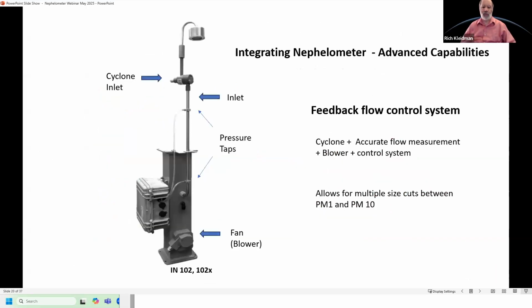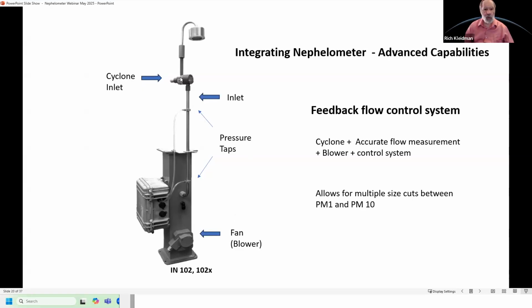Okay, so that's all basic nephelometers. I want to talk a little bit about some advanced capabilities. One of the things we do is, because we're using pressure taps and not just fan speed to measure the flow rate, we have a very accurate measurement of the flow rate.